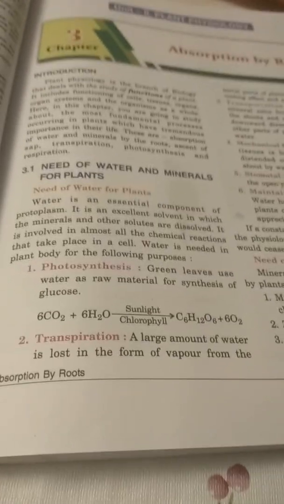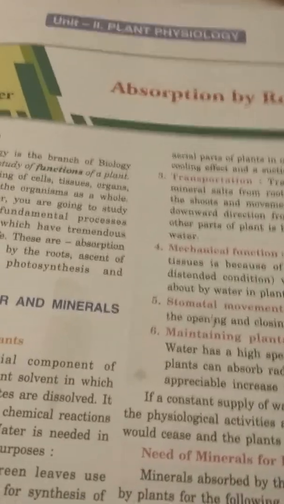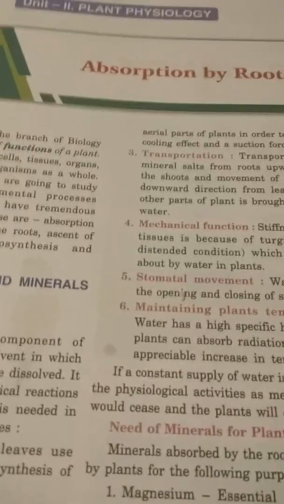In transpiration, we all know a large amount of water is lost in the form of water vapor from the aerial parts of the plant, which will produce a cooling effect and develop a suction force. So water is important to carry on the process of photosynthesis also. Then we come to transportation.